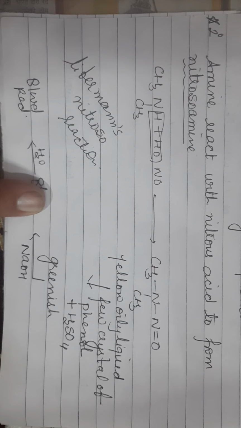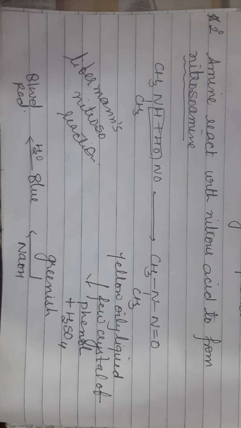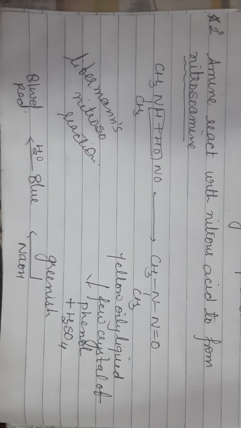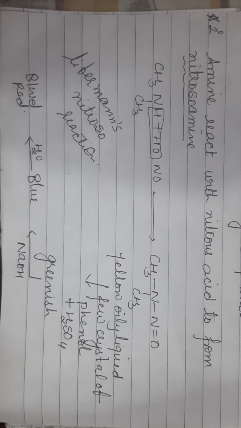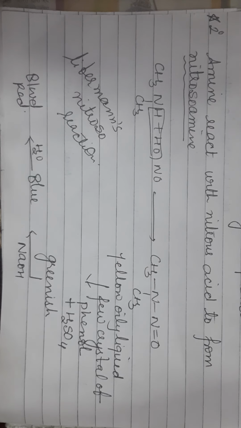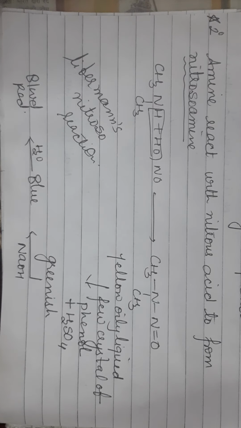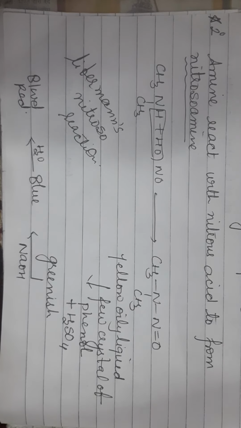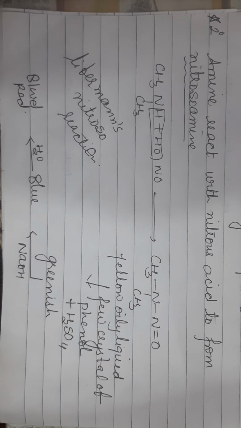So this test helps to distinguish secondary amines from primary and tertiary amines. Primary amines give the carbylamine test. Secondary amines give the Liebermann nitroso test, where we get a nitroso compound, which is a yellow oily liquid.